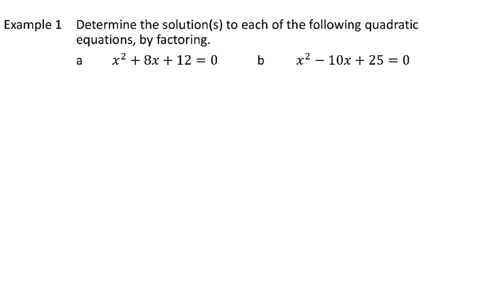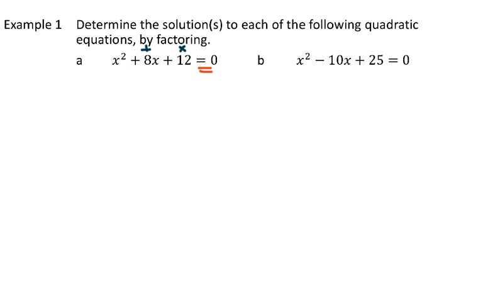So, question A, x squared plus 8x plus 12 equals 0. The key to solving by factoring is that we do need to have 0 on one side of the equals, which we do. Once we get that, we can worry about the factoring. We need to find two numbers that will multiply to 12 and also add to 8.